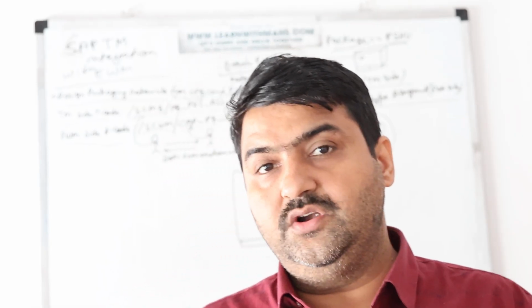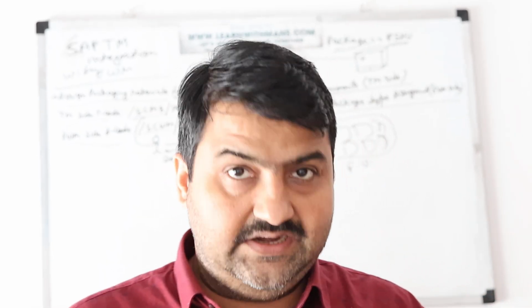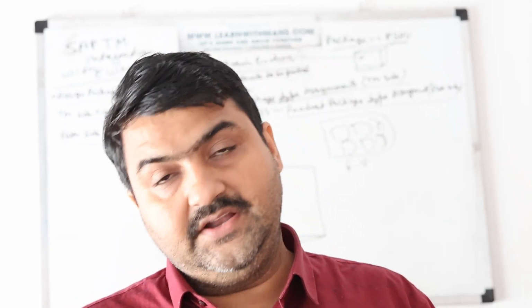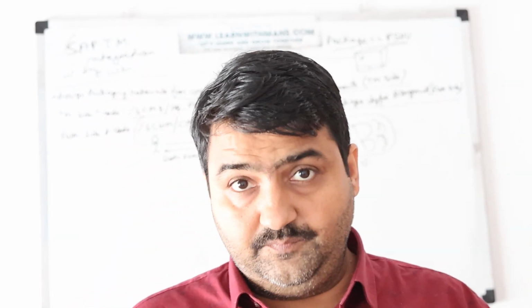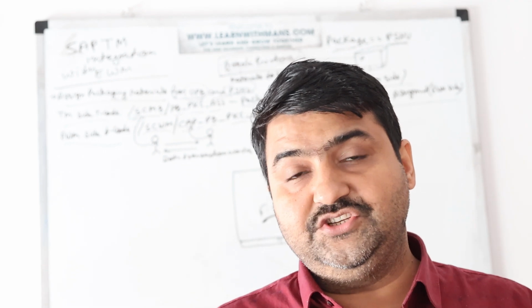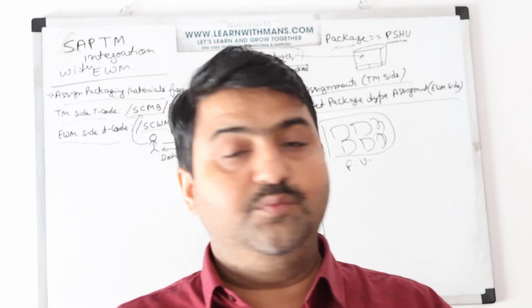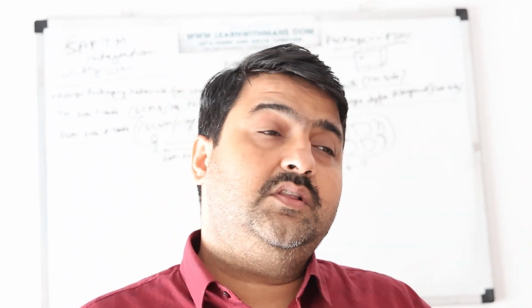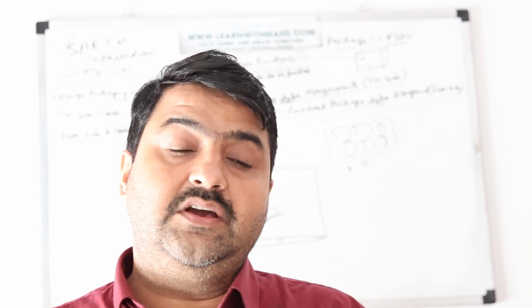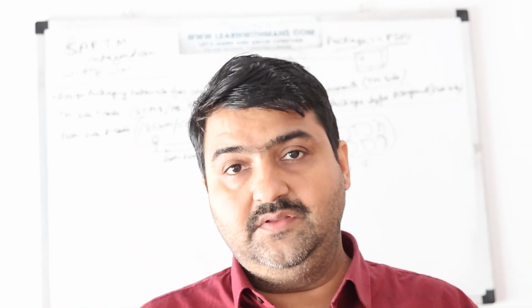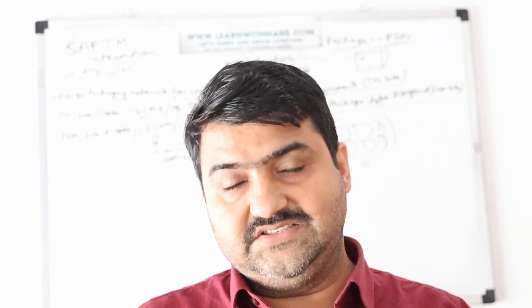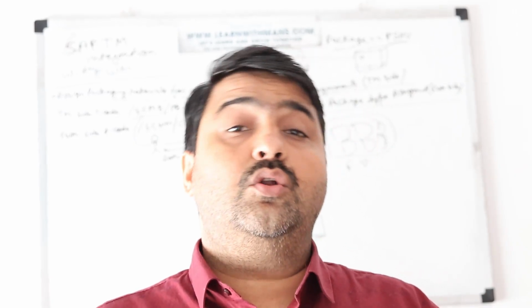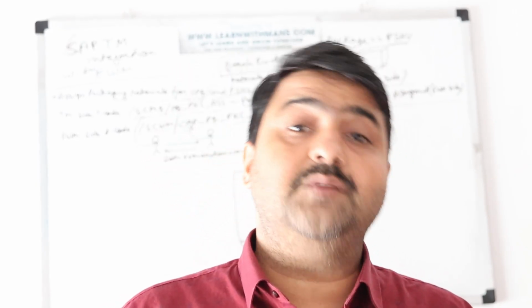Suppose I want the freight unit to be created when we perform the inbound delivery process from a purchase order. Or we want the freight unit to be created, for example, on the inbound or outbound delivery side, sales order, outbound delivery, or only outbound delivery, or only sales, depending.